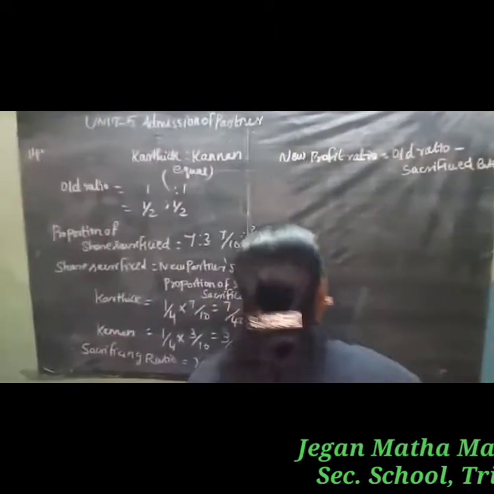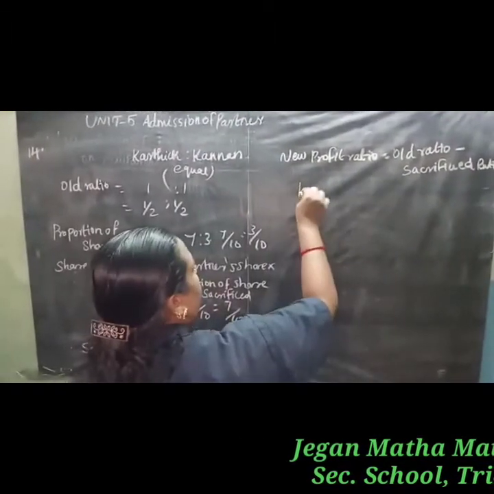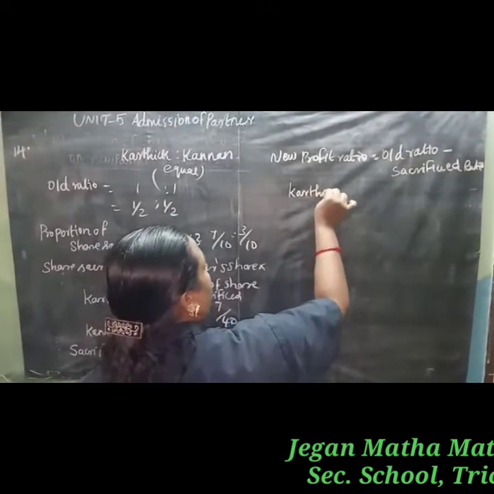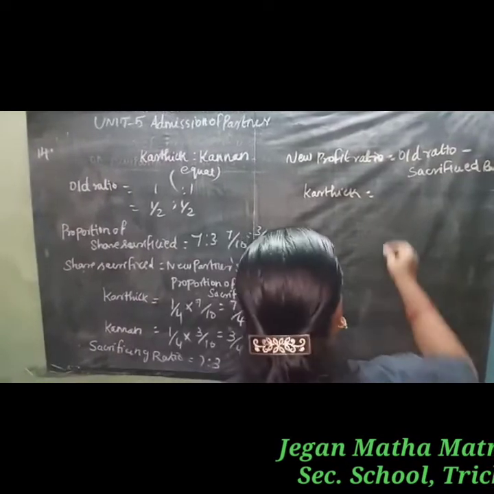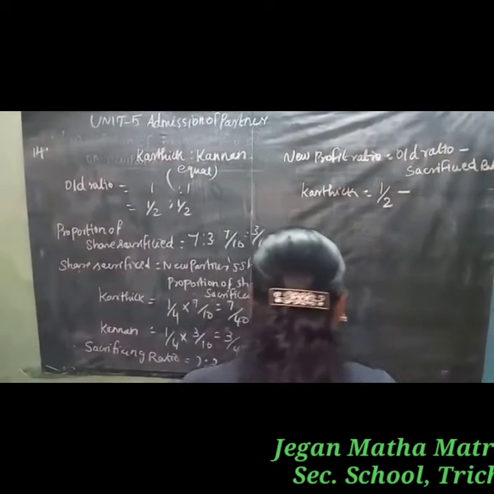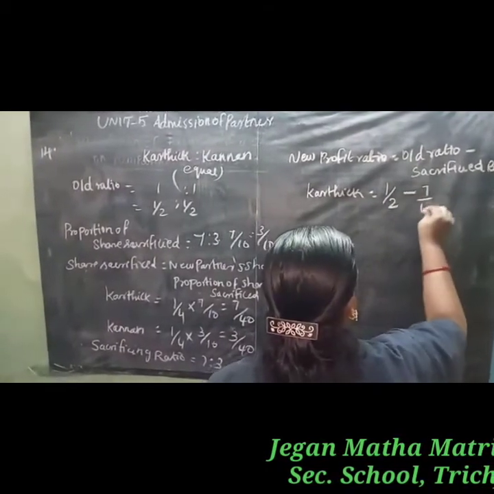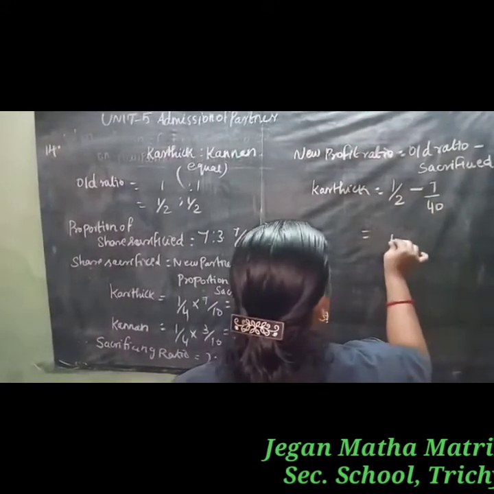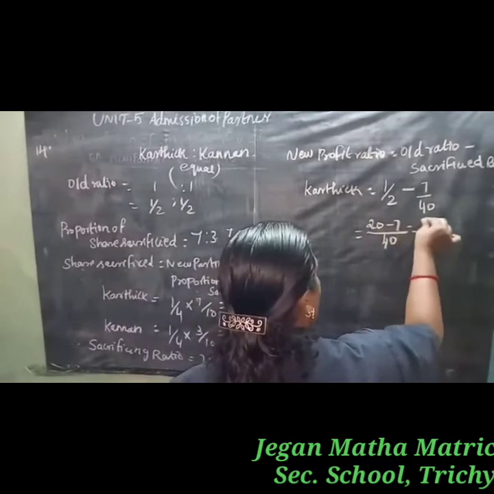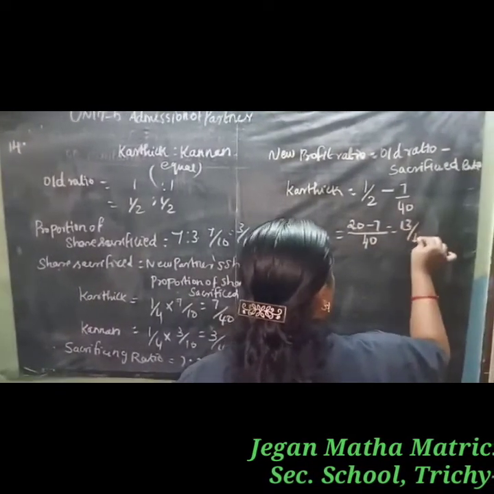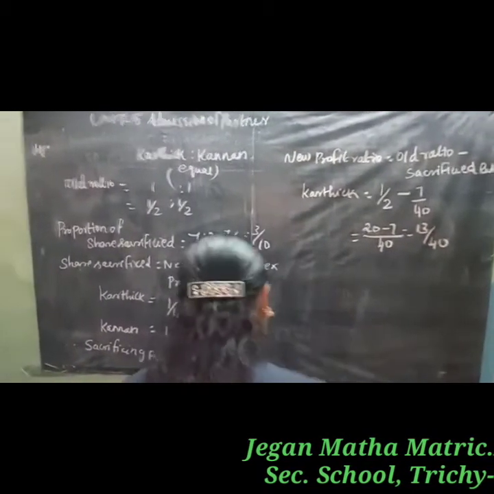First for Karthik, old ratio 1/2, share sacrifice 7/40. LCM 40, 20 minus 7, 13/40.